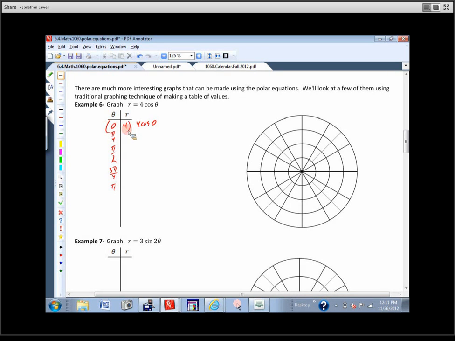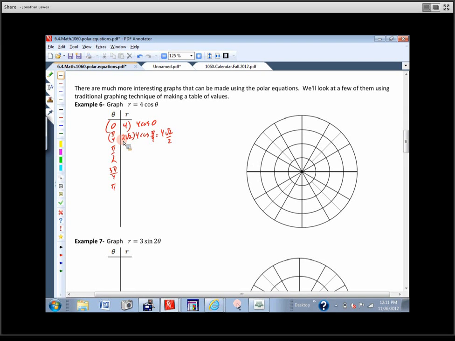So my answer is 4. So you'll notice that what I have here is the way I set it up to begin with. I think it's much easier to graph points if you turn to the correct angle and then figure out how far to go. So let's do the next one. This would be 4 times the cosine of pi fourths, which is going to be 4 times radical 2 over 2. So that's going to be 2 radical 2.